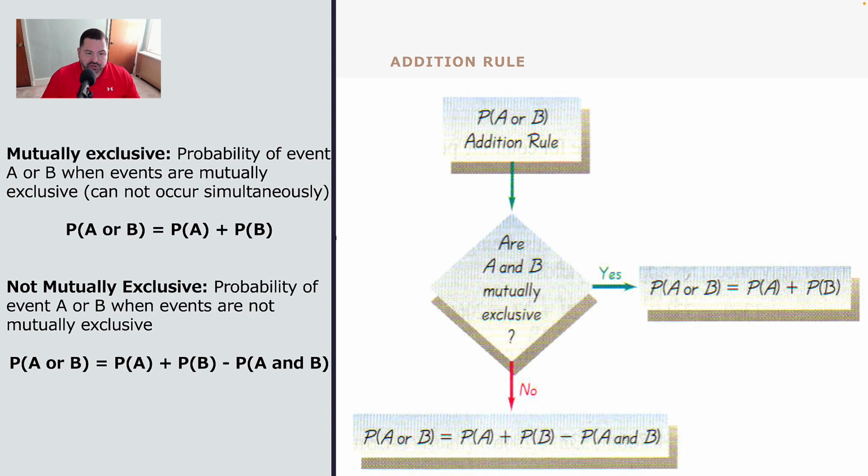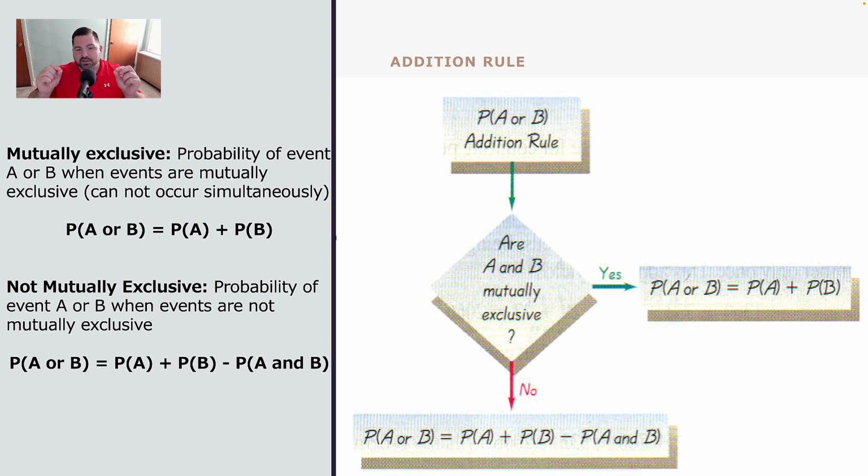A non-mutually exclusive addition rule would be the probability of the event A or B happening when they are not mutually exclusive, meaning they can occur simultaneously. So when it comes to calculating the addition rule, you would very simply calculate the probability of event A happening, and then you would calculate the probability of event B happening.